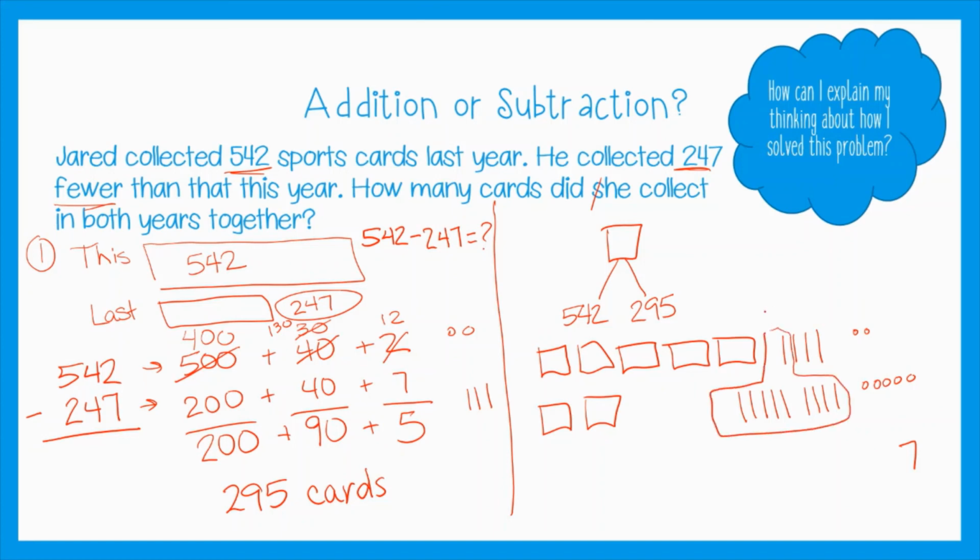So this is a new 100. And that leaves me with 3 tens or 30. Now I can count up my hundreds. 1, 2, 3, 4, 5, 6, 7, plus the one I regrouped is 8. So 800 plus 30 plus 7. So Jared has 837 sports cards.